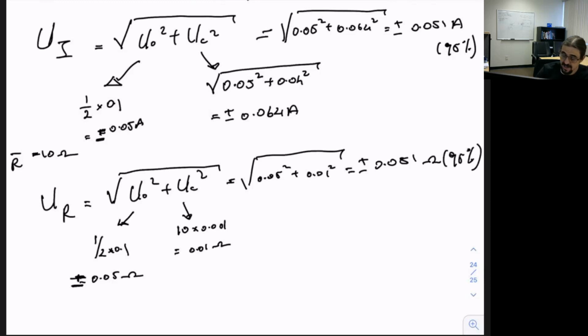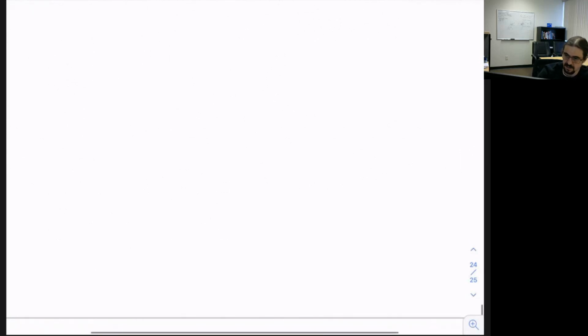Okay, so we have everything we need. We have the uncertainty of the multimeter and the uncertainty of the resistor. Let's put it all together in our final calculation.